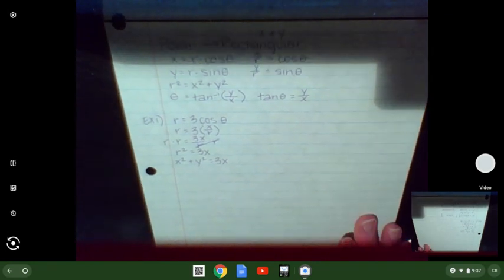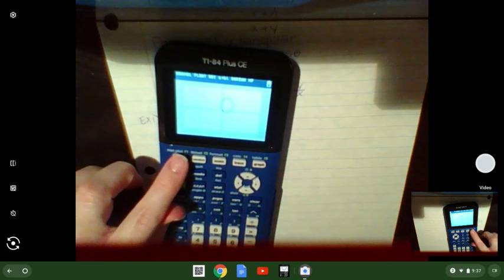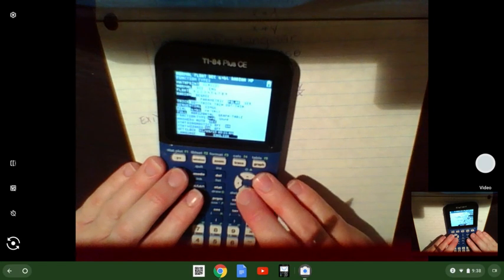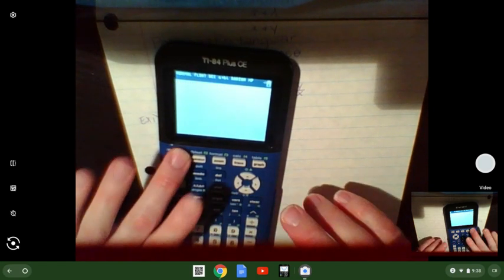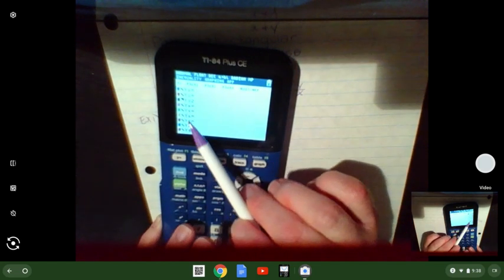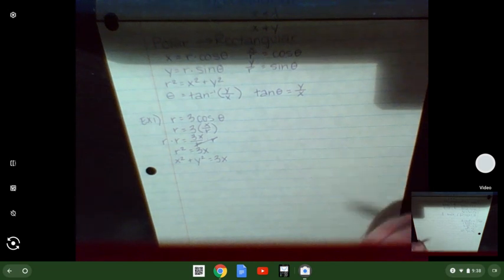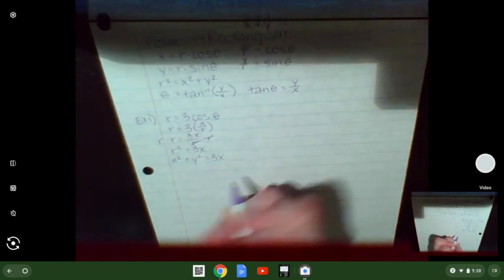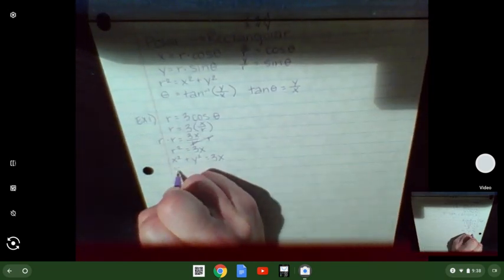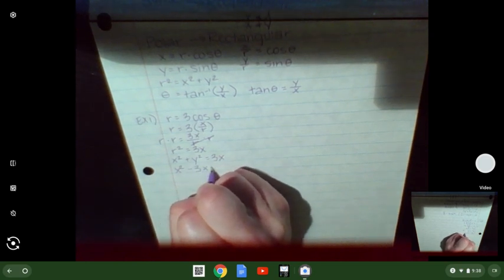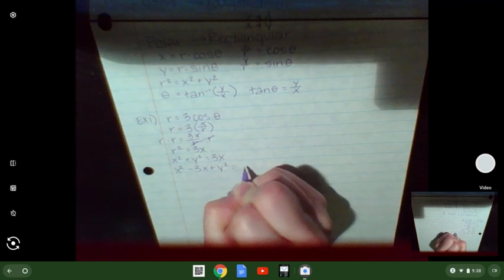Now, as we know, if we are going to type any sort of rectangular equation into our calculator, we want it in the form of y equals. This one is not going to be fun to get y by itself because, and many of you may notice, if I subtract the 3x to the left side, this is actually the rectangular equation form of a circle.